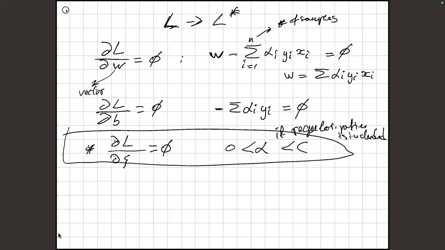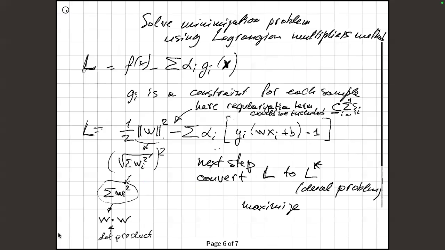But yes, now when you do all this, after taking the derivative, you actually come to the final problem you want to maximize. So L star, which is the sum of alpha_i minus one half. So you take this w and this result over here and put it inside this formulation.